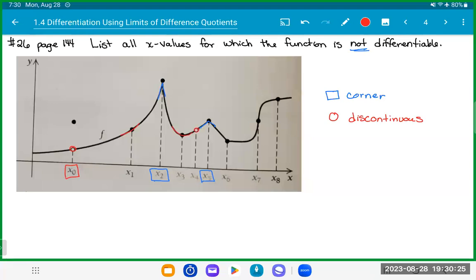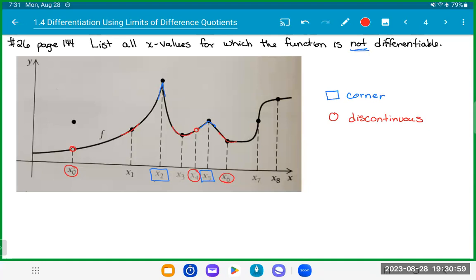When we get to this one, we're hollow. So actually, I said I was going to put a circle around them. So 4 is going to be discontinuous, and you'll see that by that hollow point on the graph. This one, we're coming down here, and then we kind of change direction. It's hard to see in that graph, though.